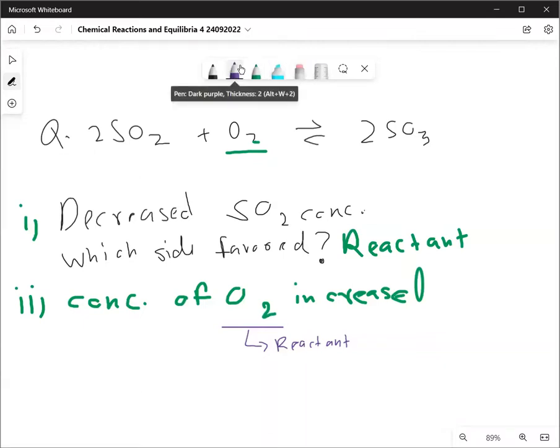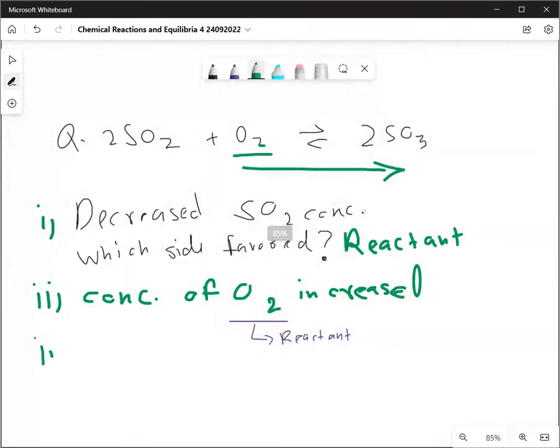Reactant. Zahra, say again what Niranjana just said. Increasing concentration of reactants favors yield of product. Product is favored, so the reaction will go forward.